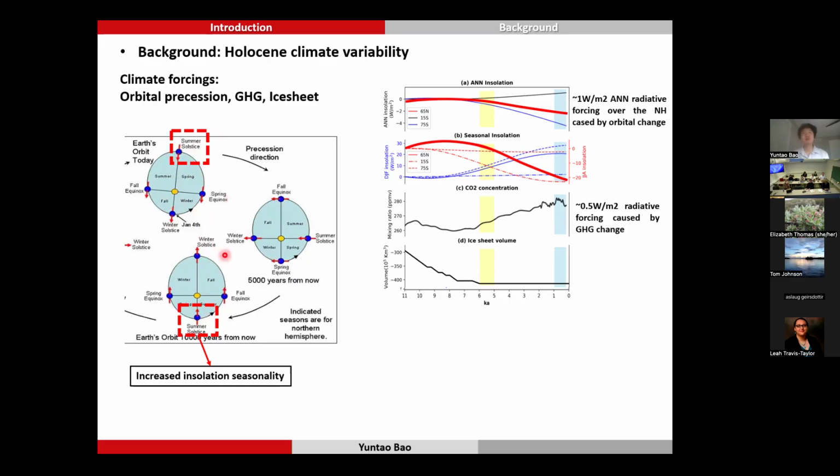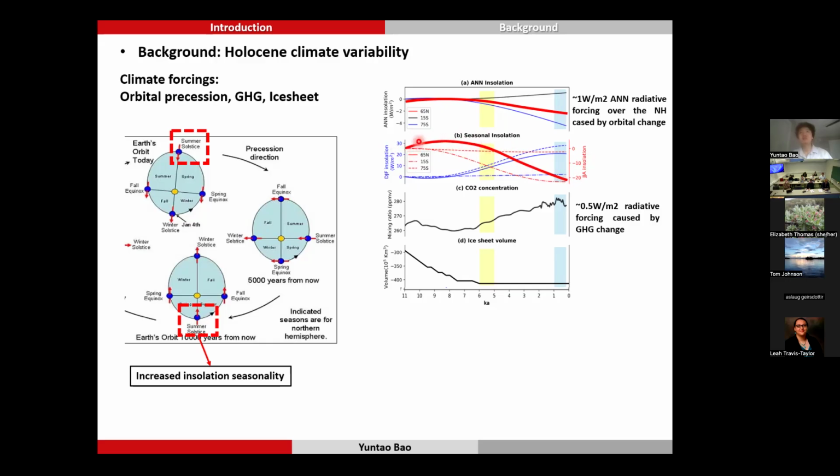So this causes a seasonal cycle change in the insolation, and therefore a seasonal cycle change in temperature. This time series shows you the top of atmosphere insolation change during the whole Holocene period. You can see the red line shows the JJA.